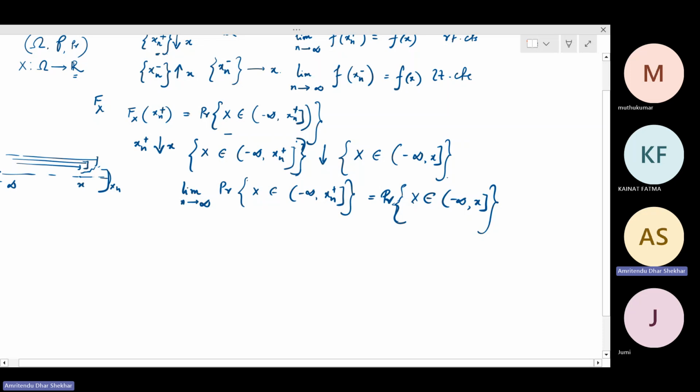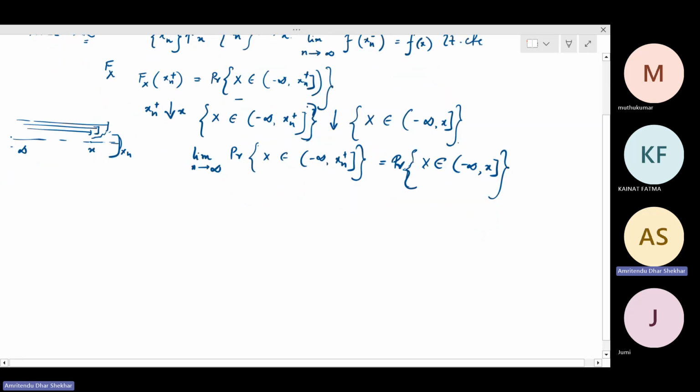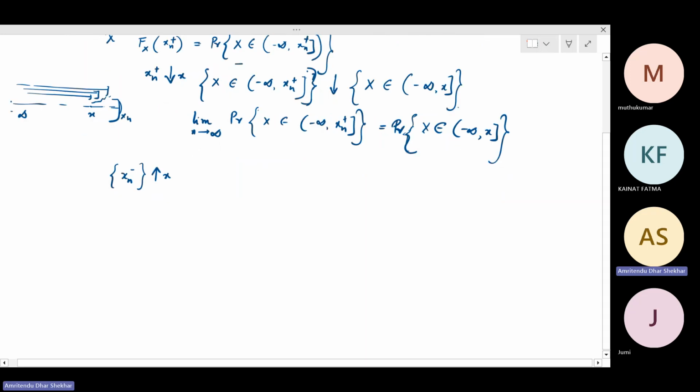But what about left continuity? For left continuity, now I assume that you have a sequence xn minus, which is converging from the left to x. Now here's the catch.